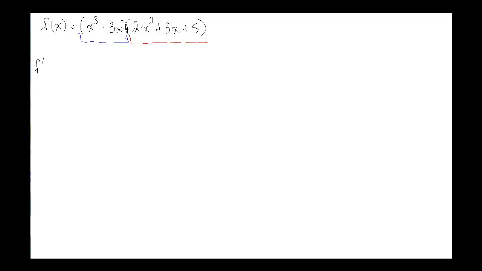So the derivative of f, that we'll denote with f prime, is going to be the derivative of our first function times our second function, plus our first function, we leave it alone, times the derivative of our second function.